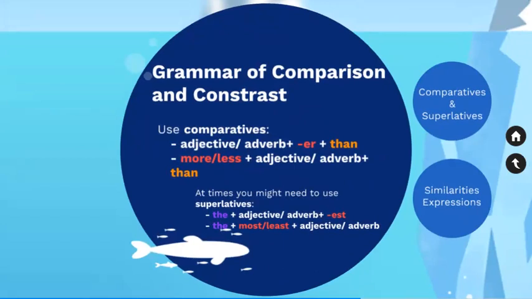Very rarely in the introduction, or if you wanted in the introduction, you could use a superlative, and you form this with the plus adjective or adverb plus est, or the plus most or least plus adjective and adverb. We're going to look at some examples in a little bit.